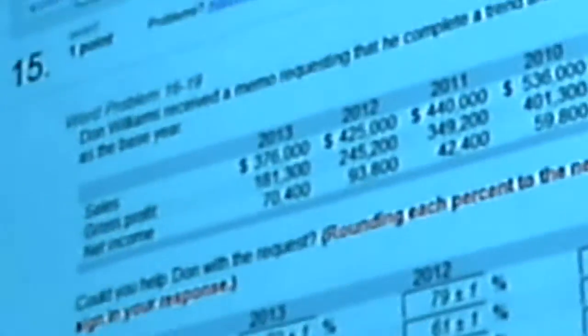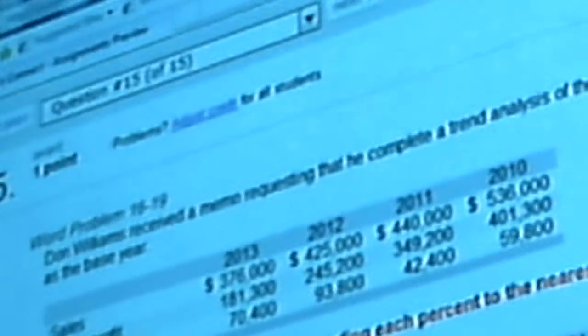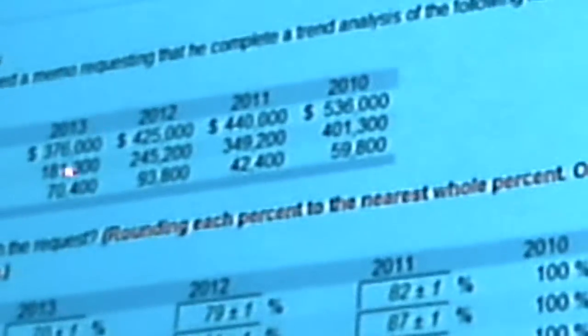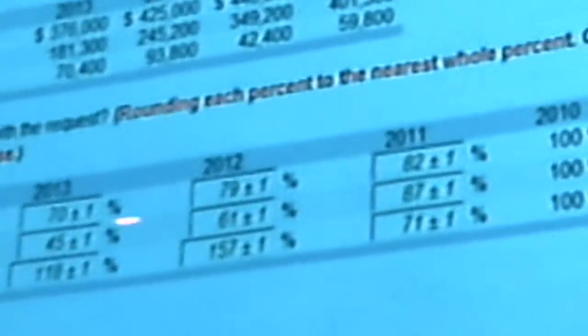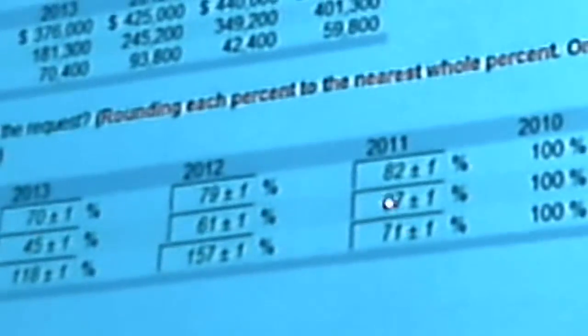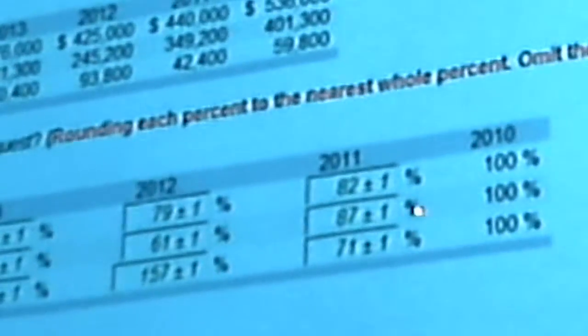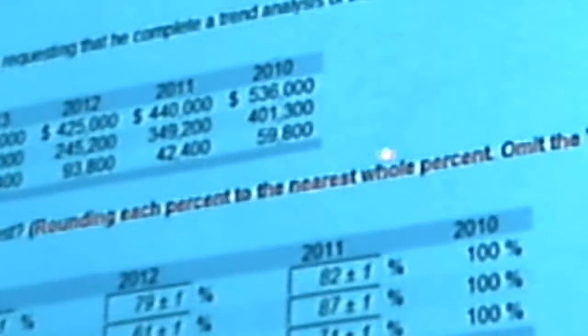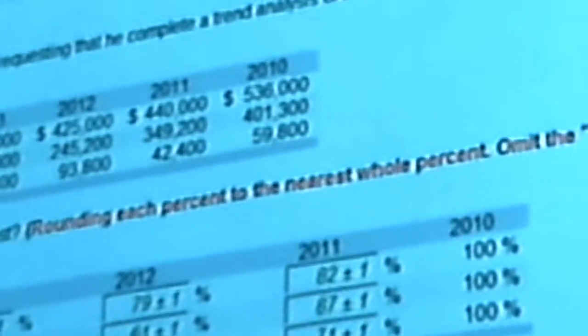Okay, it's one like this one. Trend analysis. Okay, here's what you're given. This is not part of the explanation. This is what you have to fill out. Okay, you look at the blanks. Now, 2010 is always going to be, well, in this case, your base year.